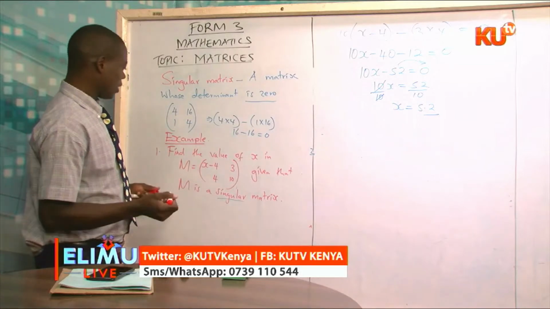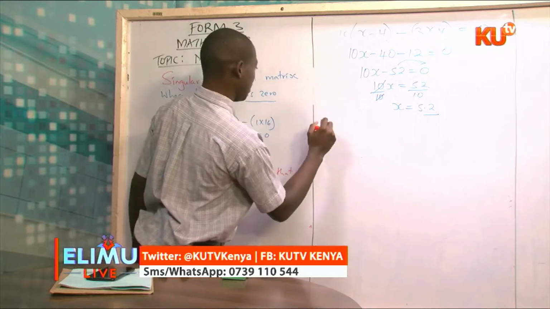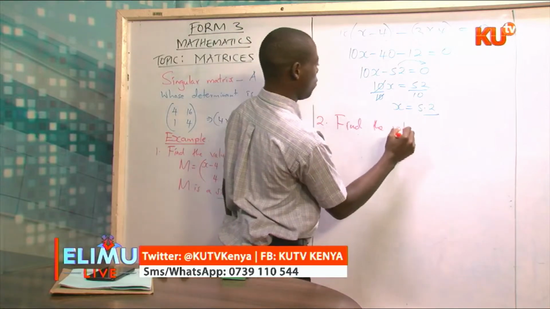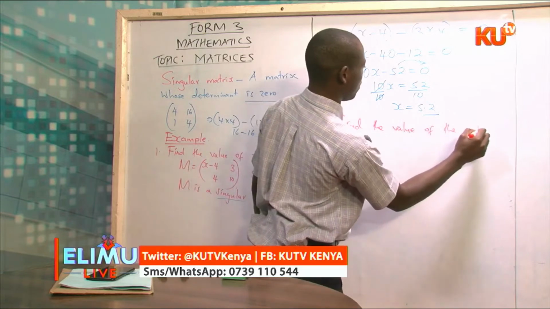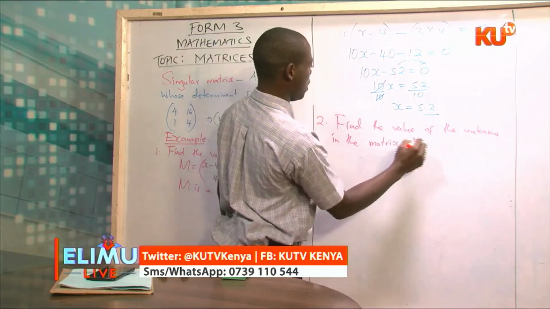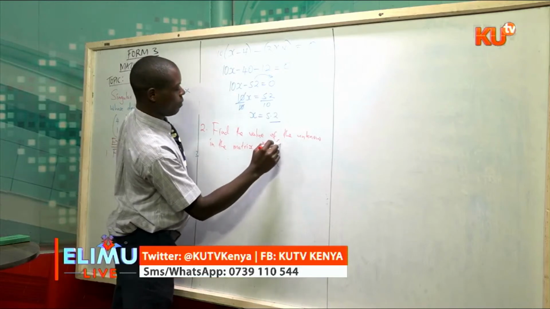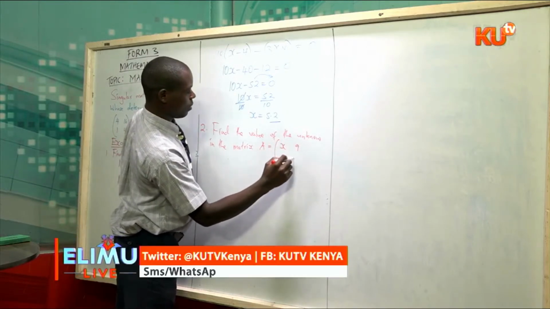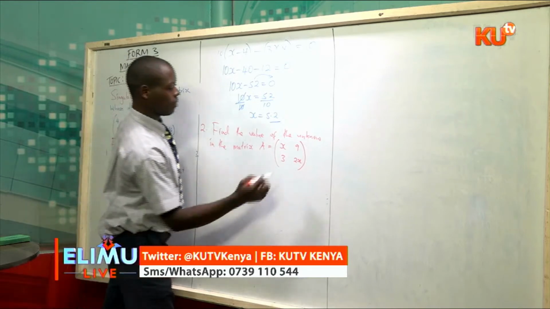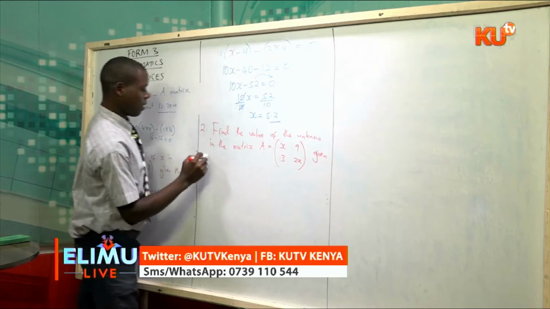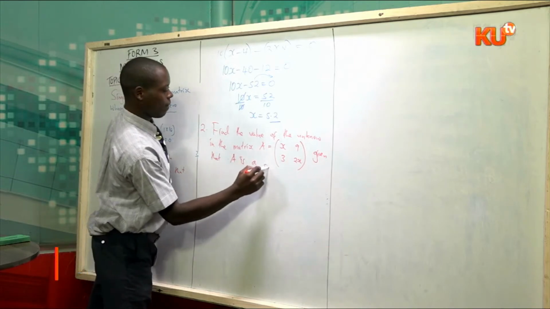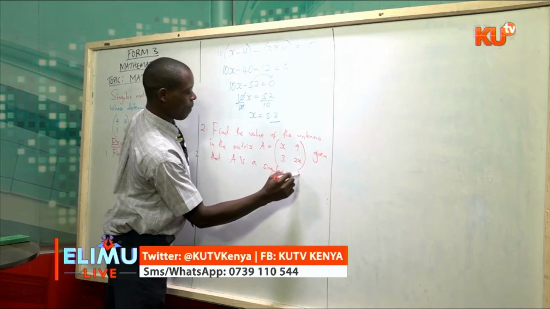If that is not the case, then we will have such a structure that now tells you, find the value of the unknown in the matrix A equal to 3x, 9, 3, 2x, given that A is a singular matrix.